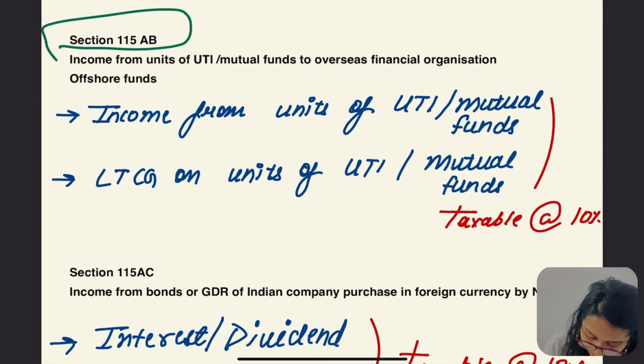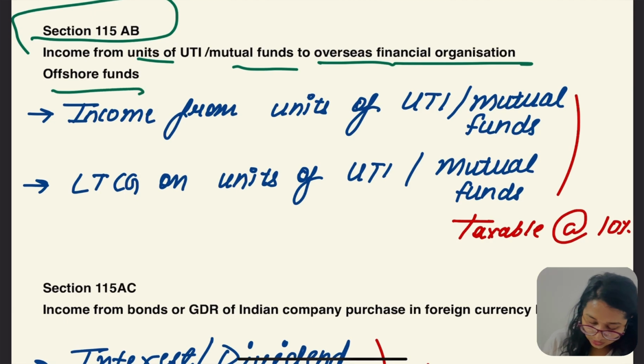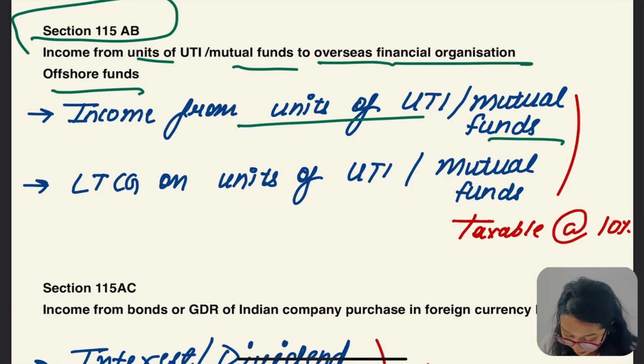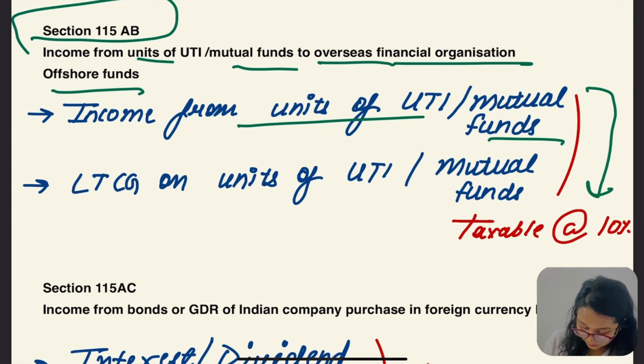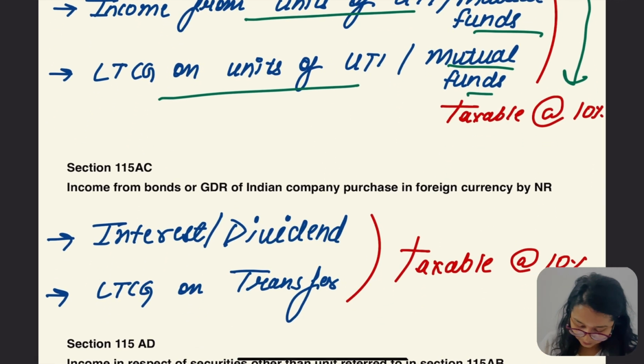Section 115AB says about the income from unit of UTI mutual fund to overseas financial organization or offshore funds. In that case, income from unit of UTI mutual fund is going to be taxable at the rate of 10%. LTCG on unit of UTI mutual fund is again going to be chargeable at the rate of 10%.